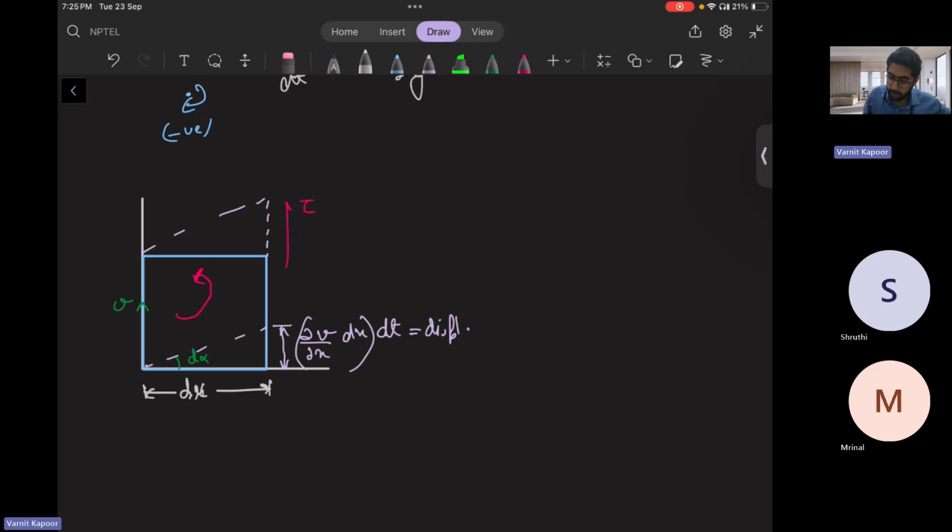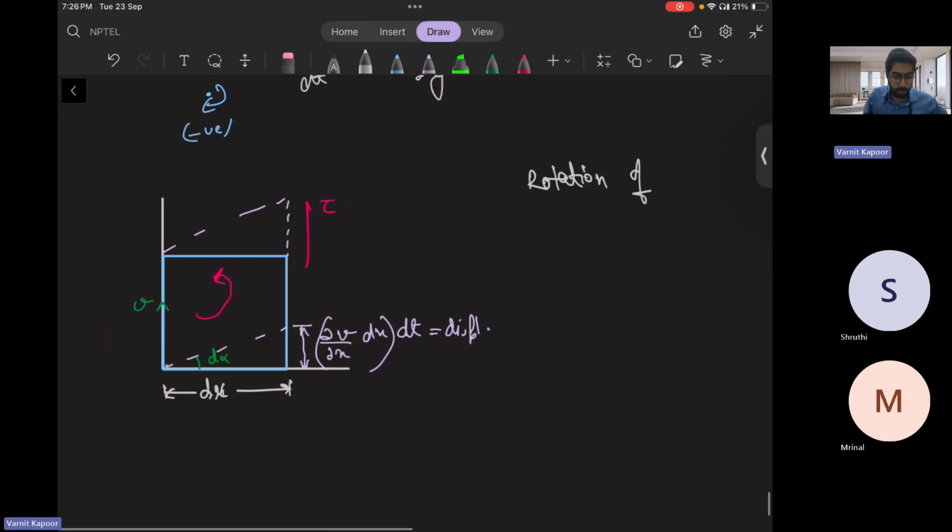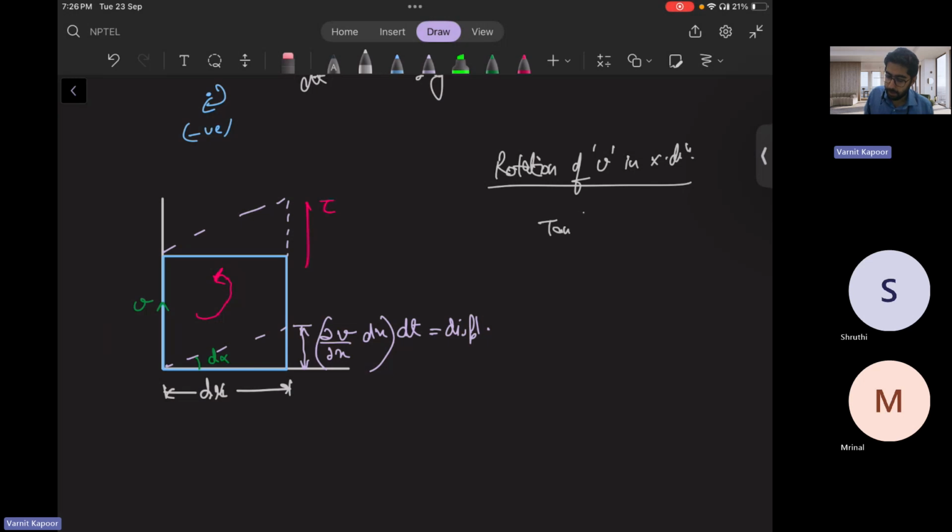The element length in the x direction is dx. So again, I'll write rotation of v in x, rotation of v in this direction. So tan dα is nothing but the perpendicular ∂v/∂x dx dt by dx, so this cancels out.